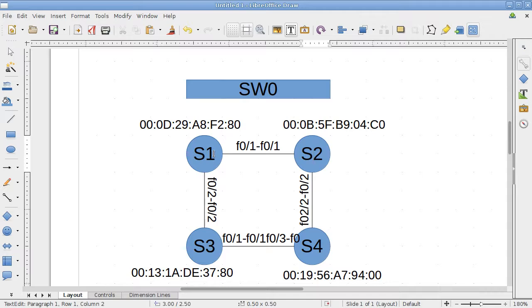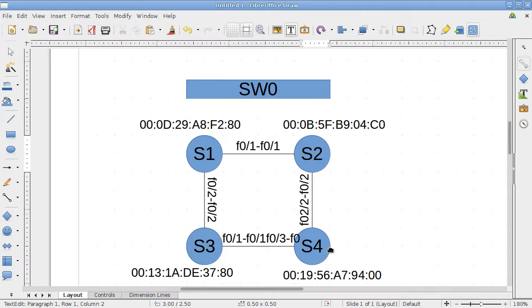Now for each switch, it might receive multiple paths back to the root bridge. So first it picks based on the cost, and then if you have the same cost, such as if you were here and you were receiving the same cost to the root bridge this way and the same cost this way, the next tiebreaker would be the advertising switch's bridge ID.